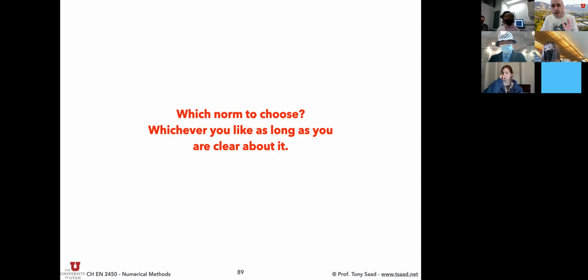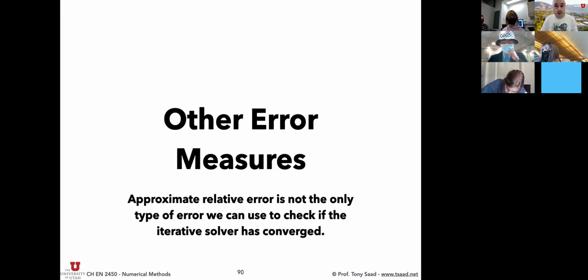Okay, now Rich mentioned we use the approximate relative error, right? So we take the k plus 1 iterate minus the previous iterate over the current iterate, okay? So current minus previous over current. But that's only one measure of an error.